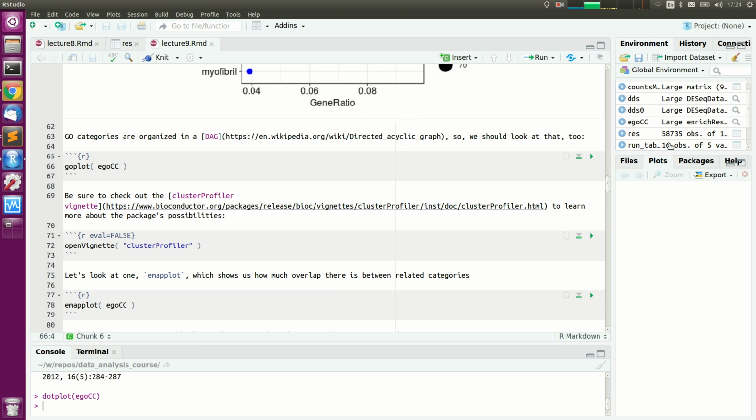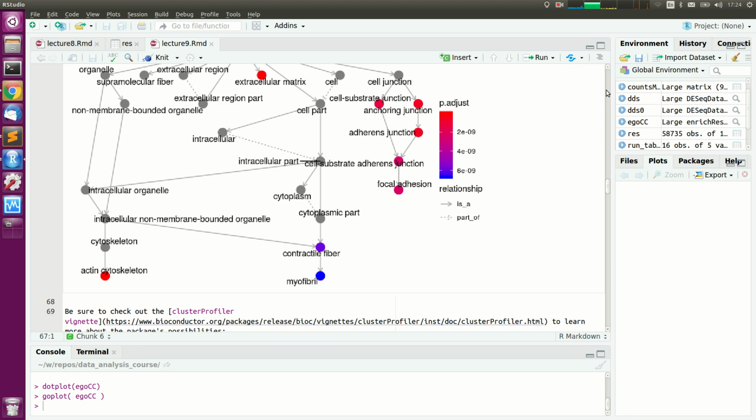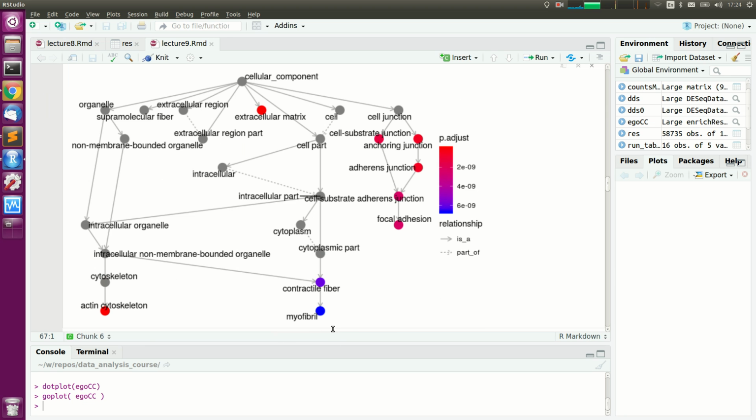This is why we have another plotting function which is called geoplot, and it shows us something which one calls a DAG. A DAG, D-A-G, that's a directed acyclic graph. If you squint a bit, you will notice that you will first see some kind of tree structure.